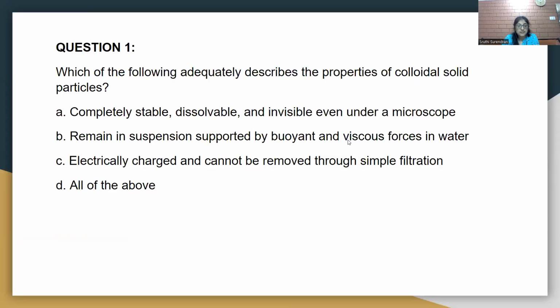So the first question is, which of the following adequately describes the properties of colloidal solid particles?